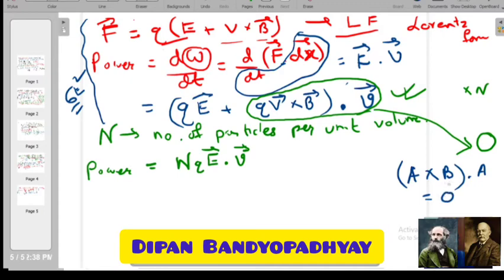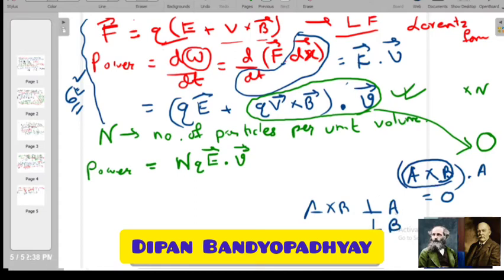Because we know that the cross product of any two vectors is perpendicular to both individual vectors, so A cross B is perpendicular to A as well as perpendicular to B.